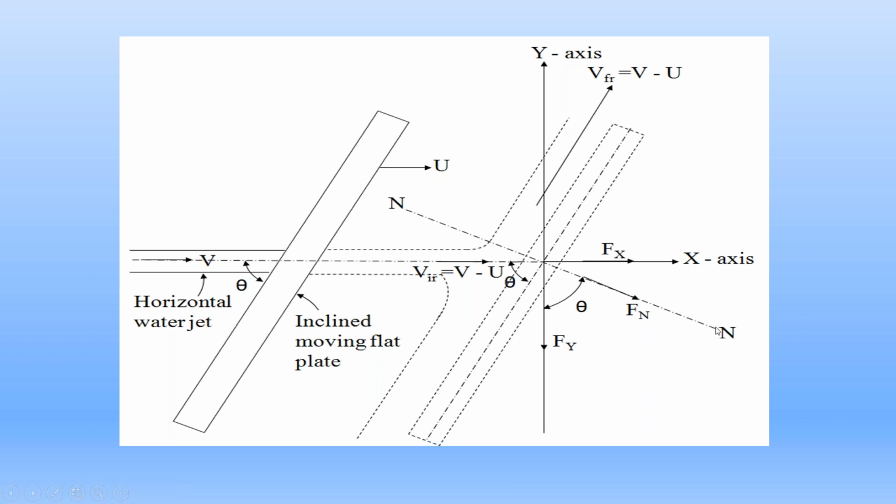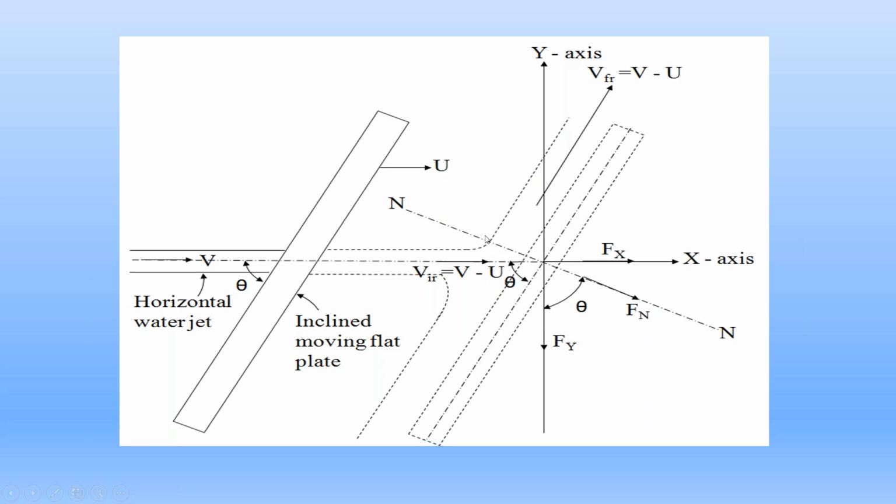This normal is making the angle 90 minus theta with the x-axis, because with the horizontal, that is the x-axis, the inclined plate is making the angle theta. Please everyone check that carefully. With the x-axis, the inclined flat plate is making the angle theta, and this is perpendicular.